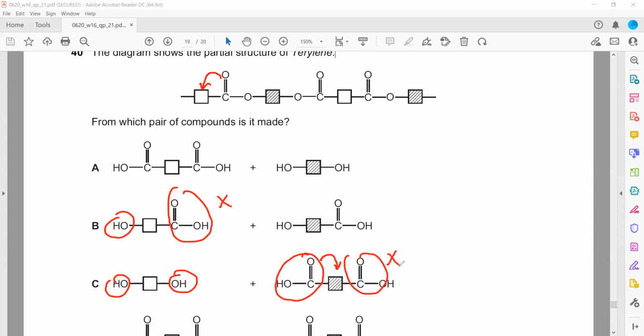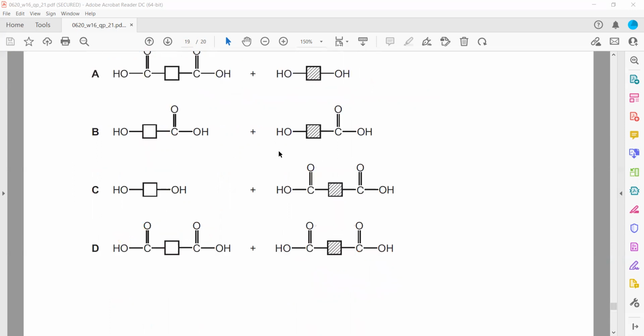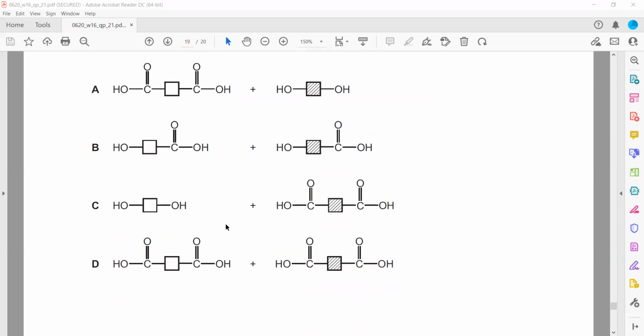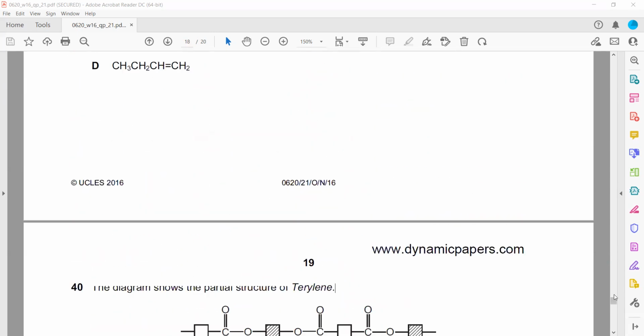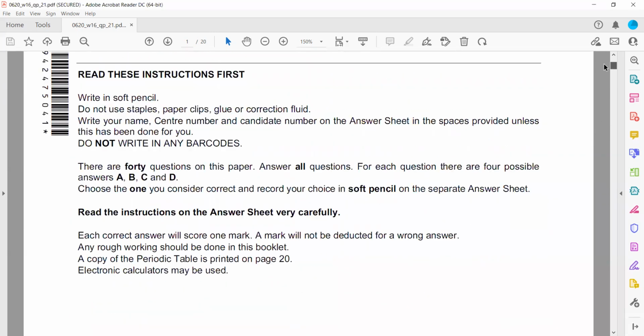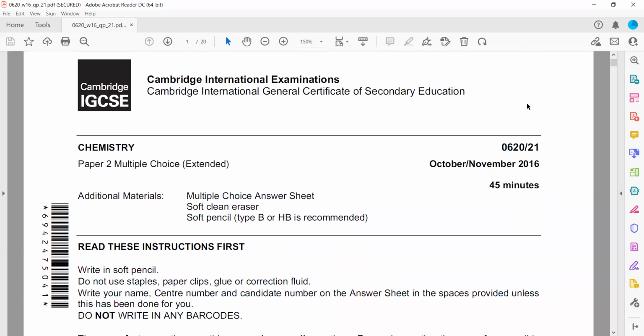That's why this is not the right way. And the last one, as you can see, both are carboxylic acids, so it won't form a polymer. So this was the paper October/November 2016, paper 2, variant 1.